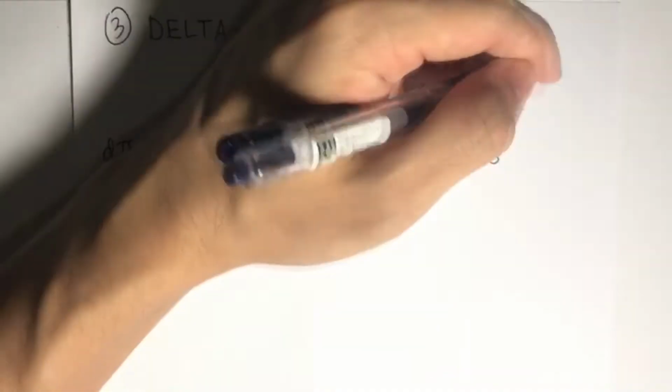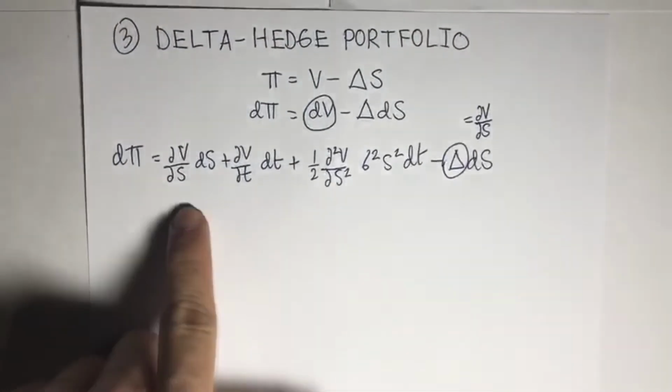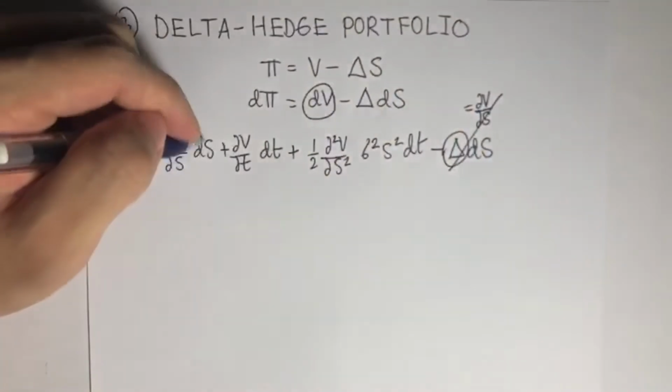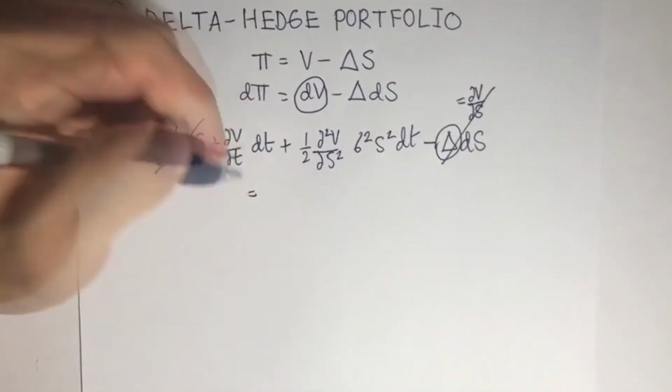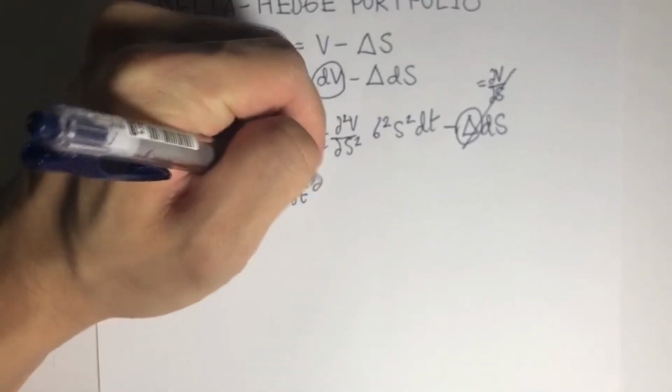Then we want delta to be equal to dV/dS in order for these two terms to cancel out. So we have only three terms left.